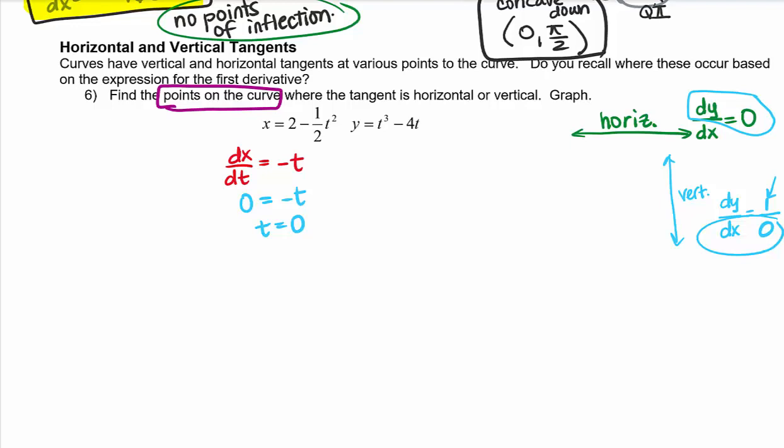But that is the t value that is going to make my tangent line vertical, because dx/dt is in your denominator, and dividing by 0, 1 over 0, we know to be a vertical asymptote. So I'll put t equals 0 into x and y to find the points on the curve.